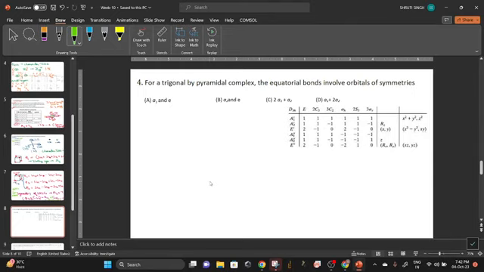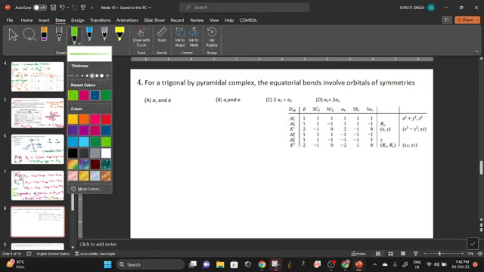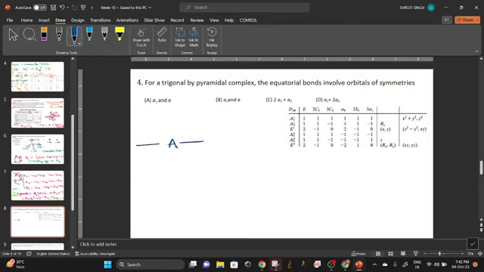Okay, so for which question went wrong for you? 4 and 5. Okay. So let's discuss 4. For trigonal bipyramidal, let's draw trigonal bipyramidal. Now the equatorial bond involve orbitals of symmetry.